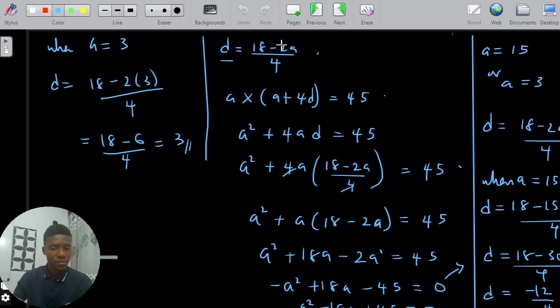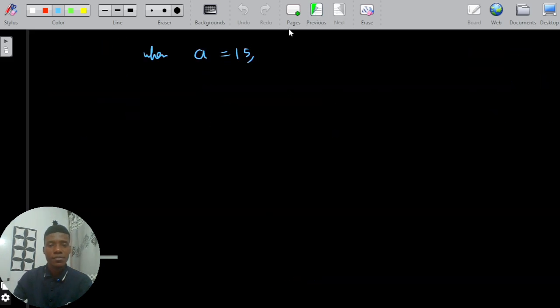If the first term a is equal to 15, our d is equal to minus 3, and we are asked to list out the first three terms of the sequence. So if the first term is 15, the next term will be 15 minus 3, which is 12.